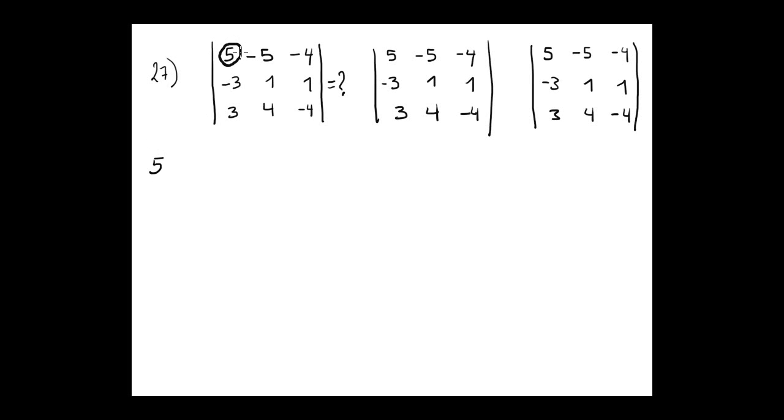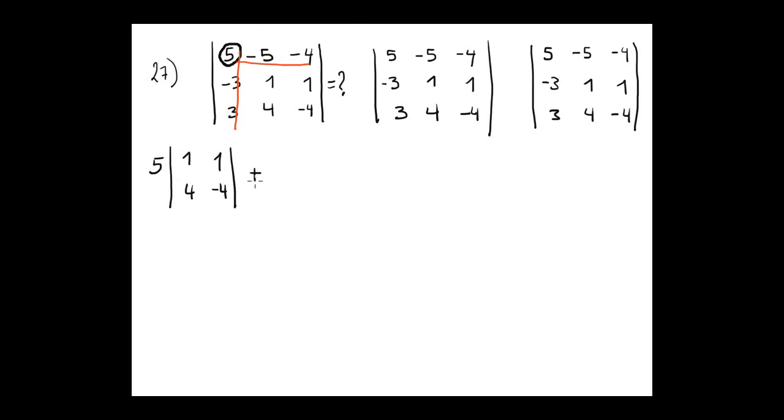Now you delete this row and this column, so we have 1, 1, 4, negative 4.